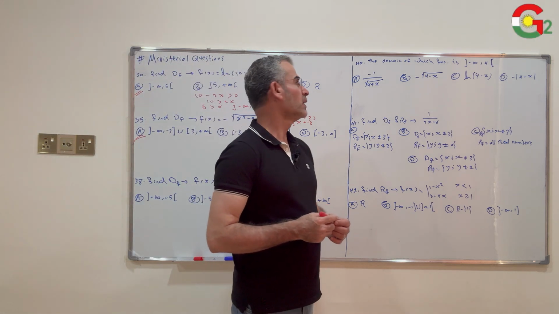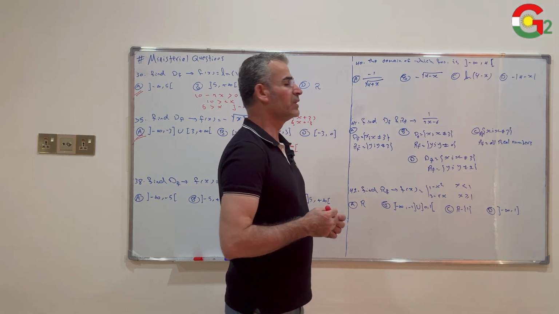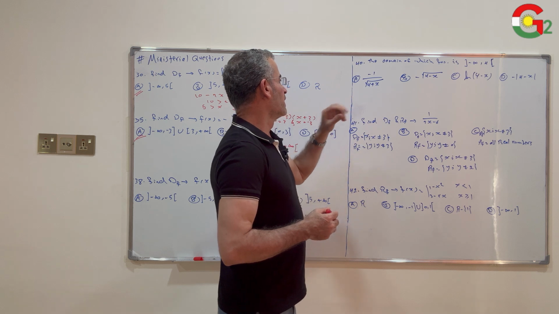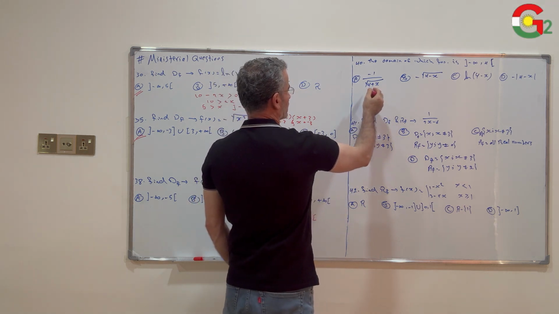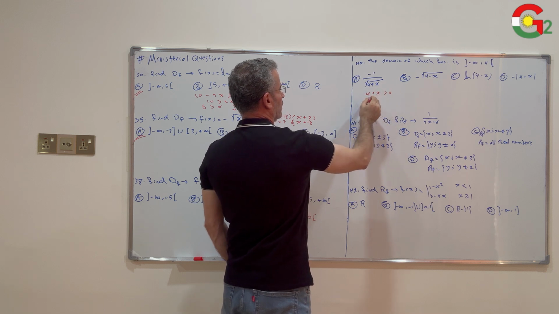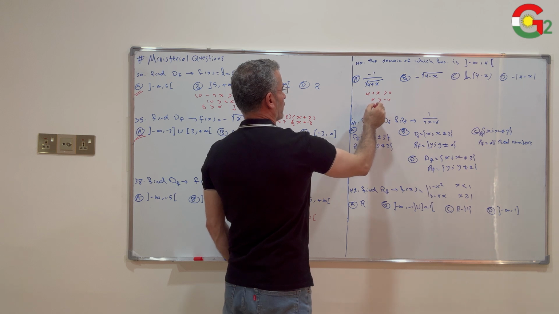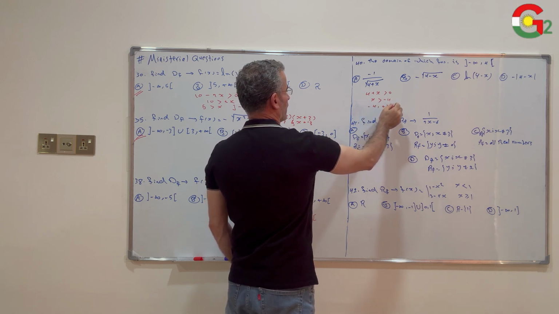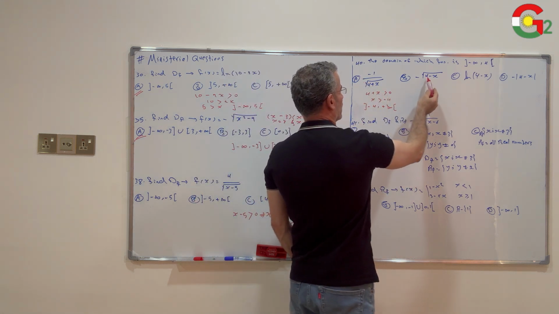Number 40. The domain of which function is negative infinity to 4? Let me find the domain of each function. For the first, 4 plus x should be greater than 0, or x greater than negative 4, then the domain is negative 4 to positive infinity. So it is the wrong choice.